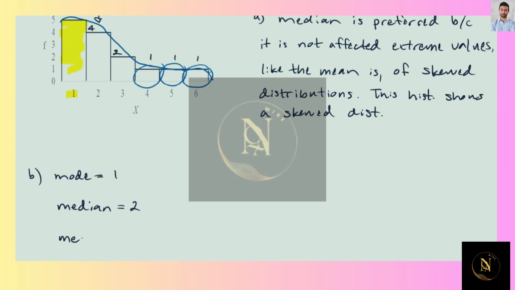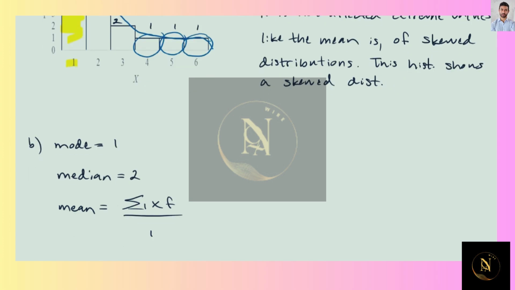Last, we want to find the mean. That's the summation of each value times its frequency divided by the total number of observations, or the total frequency.